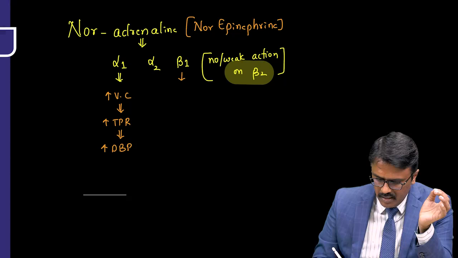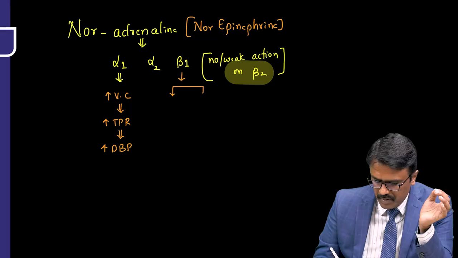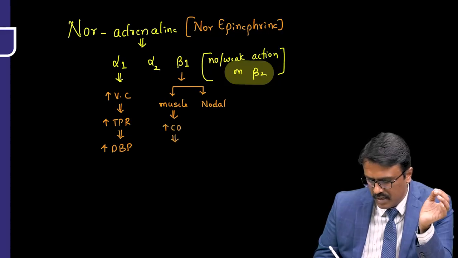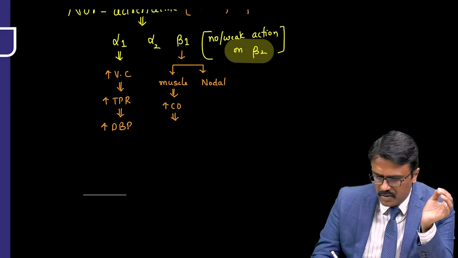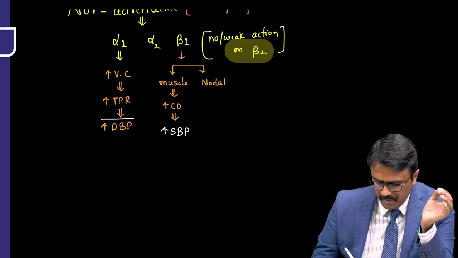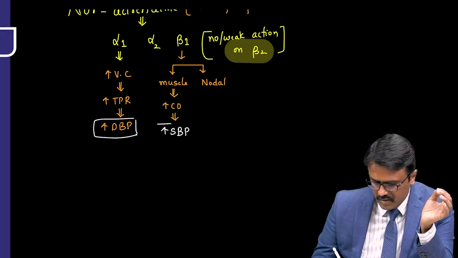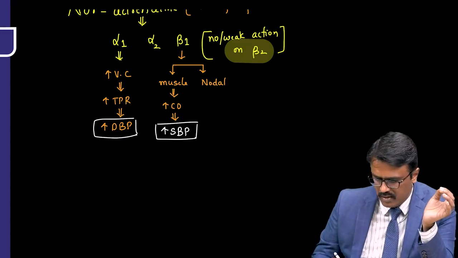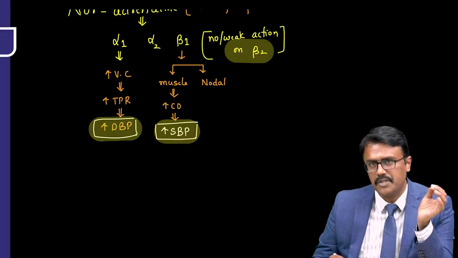In beta 1, there are two important things you need to remember: the cardiac muscle and the node. In the cardiac muscle, it increases the cardiac output, and when the cardiac output increases, that will also increase the systolic blood pressure. So remember, noradrenaline increases systolic as well as diastolic blood pressure.